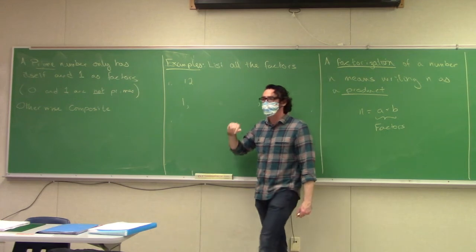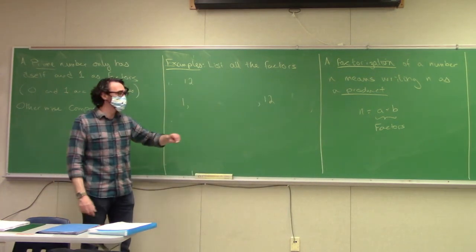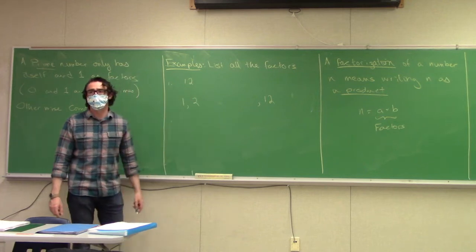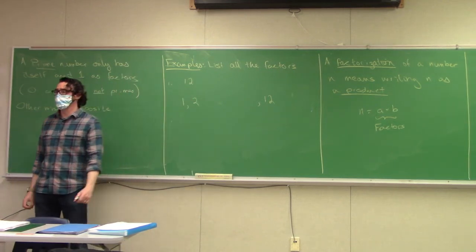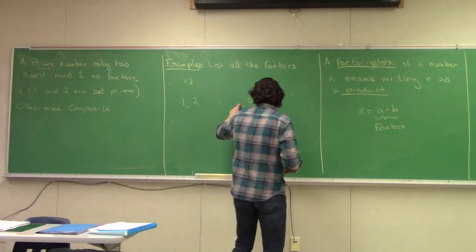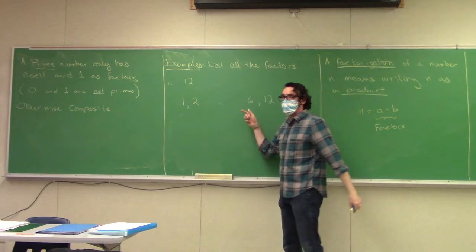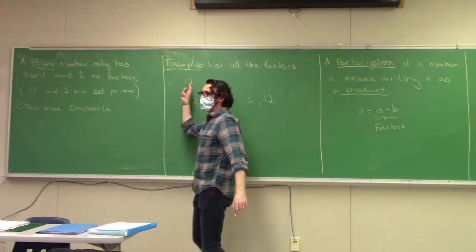Now, this is even, of course, so 2 is a factor. What's the factor that goes with 2? 6. Okay? So I'll write that one over here. Notice I'm working from both sides. All right? So what's the next thing that this is divisible by?